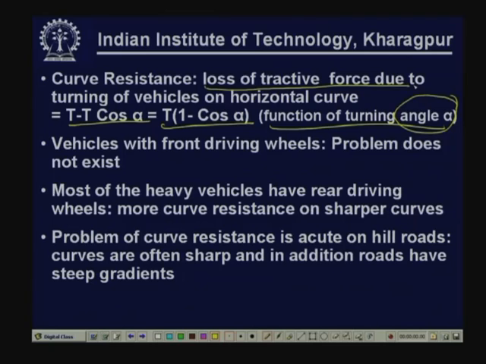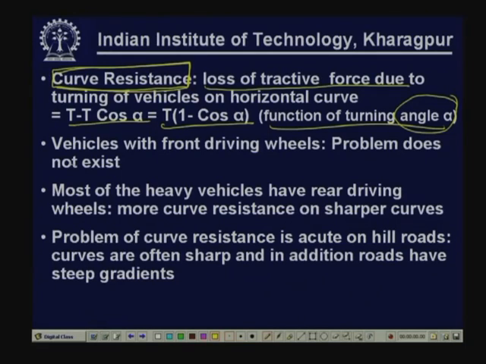This is happening only in curves, as if because of the curves this amount of loss is occurring. Therefore, this is known as curve resistance. Curve resistance is nothing but loss of tractive force due to turning of vehicles on horizontal curves.